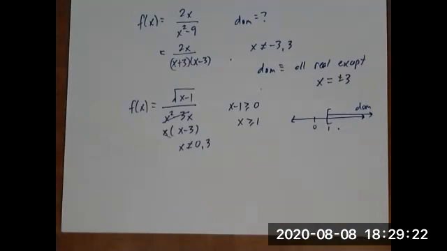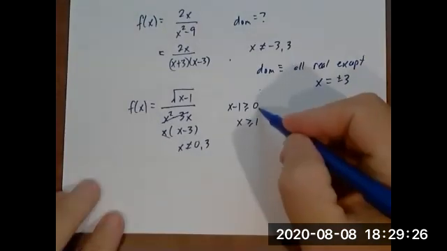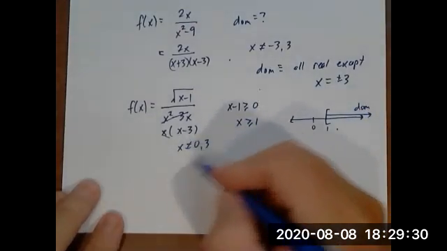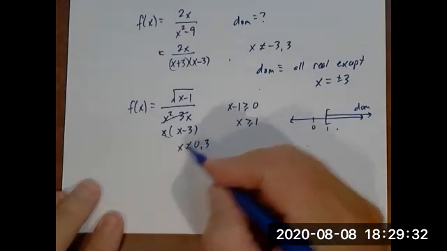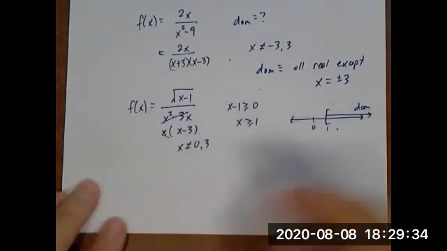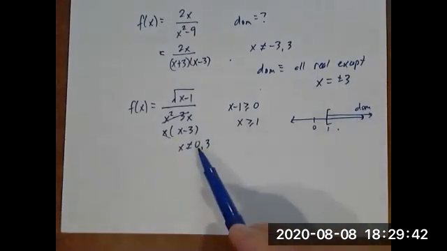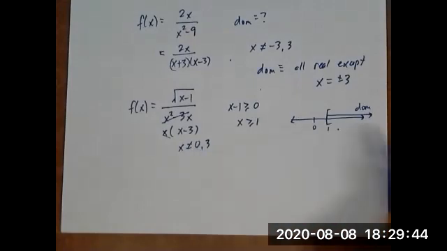So now I've taken the two pieces and solved them separately. I figured out from the square root what my domain is, and I figured out from the denominator that x can't be 0 or 3. Now, how do I combine these to get an overall domain? Since I've already made this graph, let's look at these values of x on this graph.